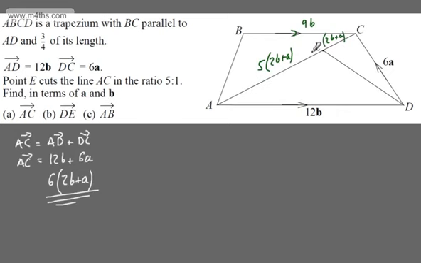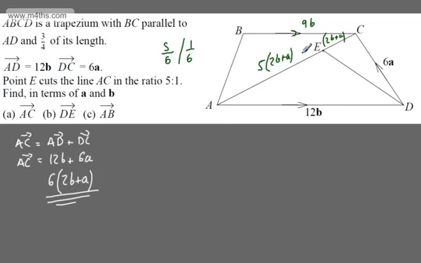That is cutting that line into 6 parts. We know that AC is 6 lots of 2b plus a. So if this is in a ratio of 5:1, it's 5 sixths and 1 sixth. 5 sixths of this is going to simply give me 5 lots of 2b plus a. You certainly don't have to factor that. I just personally think factoring it makes it slightly easier.